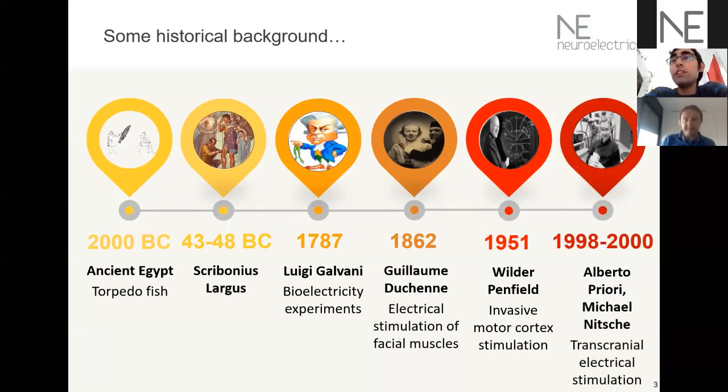But it was only in 1998 and 2000, with the works of Alberto Priori and Michael Nitsche, that the first usage of transcranial electrical stimulation was done. And this is the technique that we'll discuss today: non-invasive electrical stimulation.